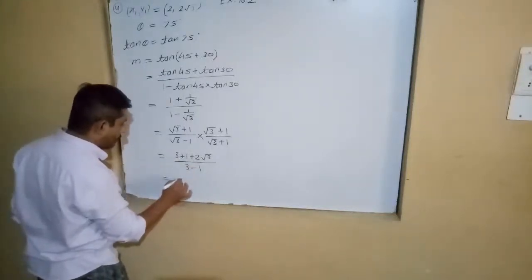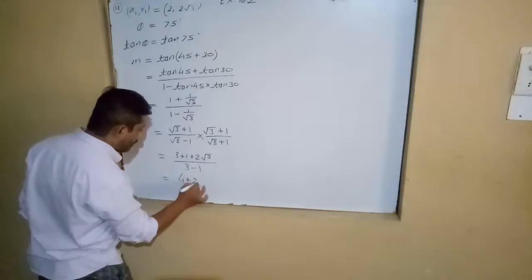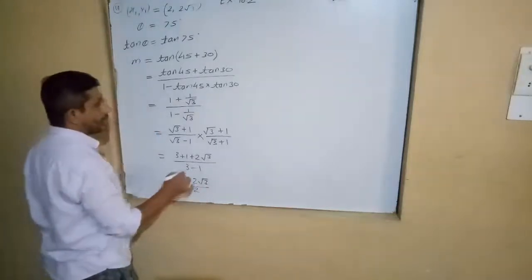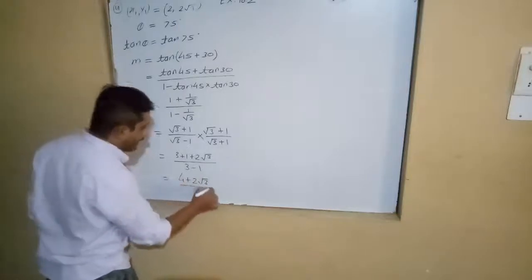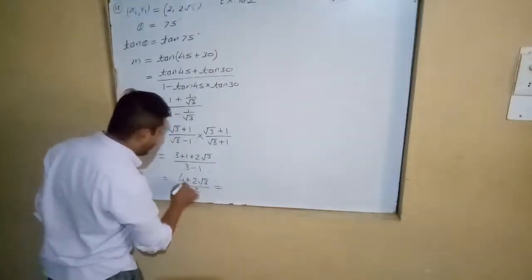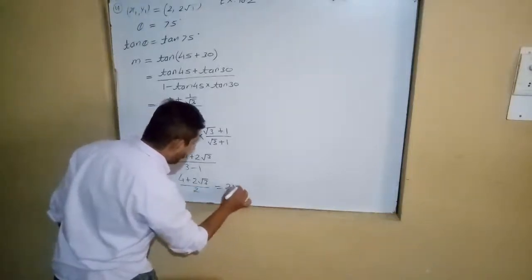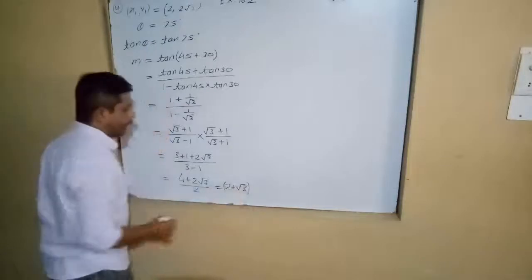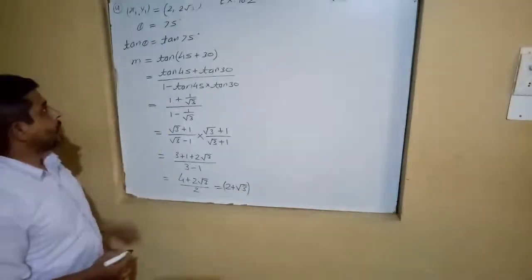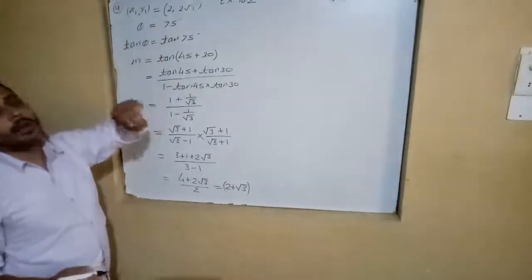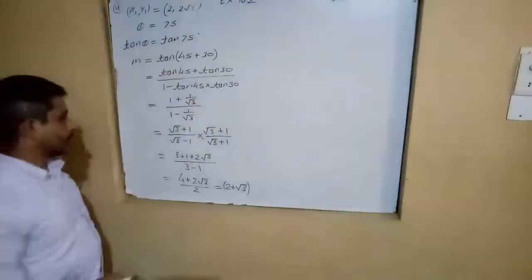So what will come here? 4 plus 2 root 3 upon 2, and when we take 2 as common and cut it, what is left here is 2 plus root 3. This is the value of m, and m is the slope of that particular line which makes angle theta with the x-axis.